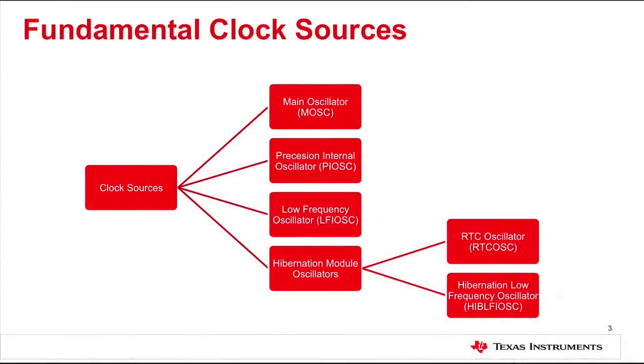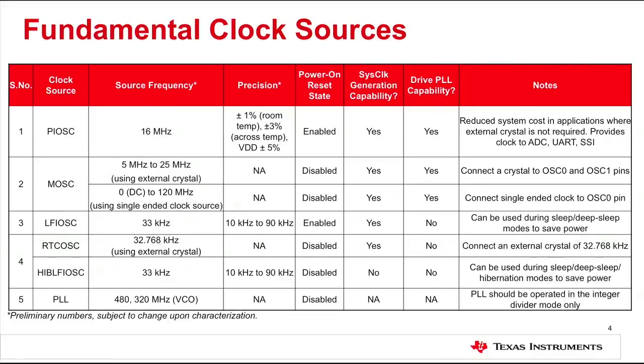There is a main oscillator, precision internal oscillator, low frequency internal oscillator, real-time clock oscillator, and a hibernation low frequency oscillator. Each of these clock sources is unique in terms of its clock generation capability, that is the frequency range and precision. Let us take a look at each of these clock sources in detail and compare their capabilities.